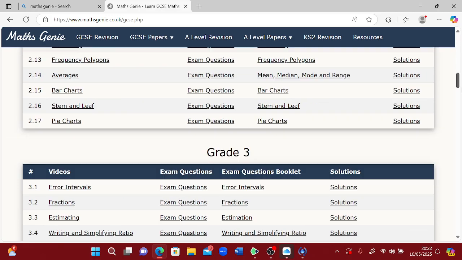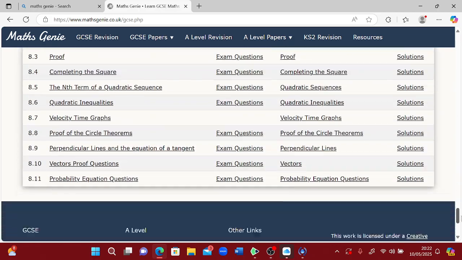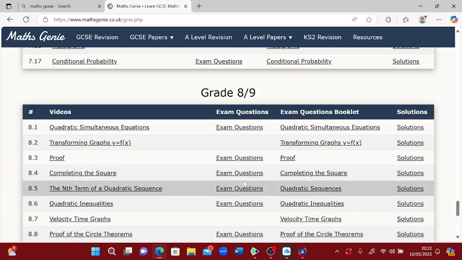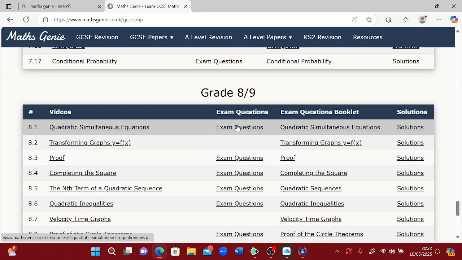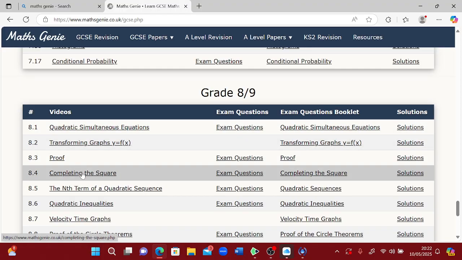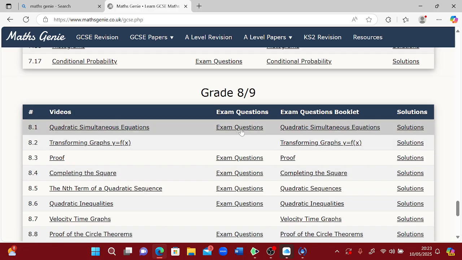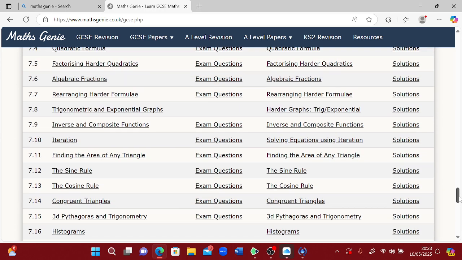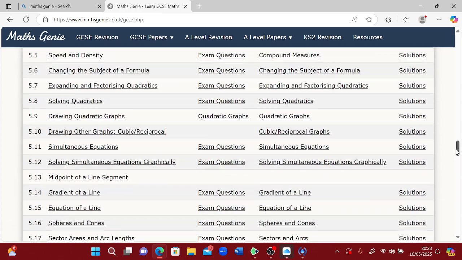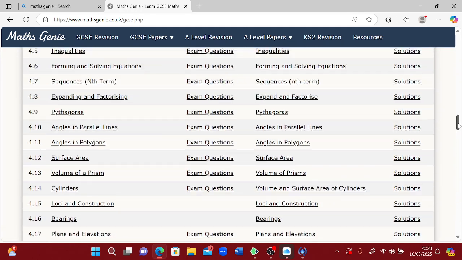It does every single topic possible, split by exams very clearly, by grades and stuff. And it gives you videos to explain it. I think the videos are very good. They get straight to the point. The guy gives you an example question, and then goes through it. The exam questions are literal questions from Edexcel about the topic, with solutions, and even written answers to explain it as well. I think this website's absolutely fantastic, and it's free as well.